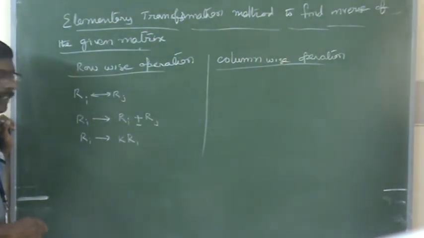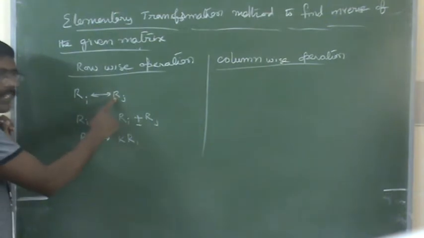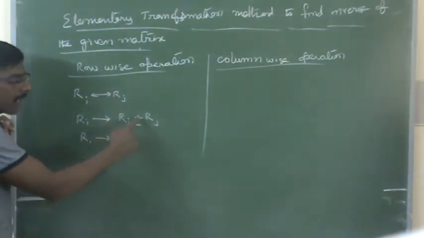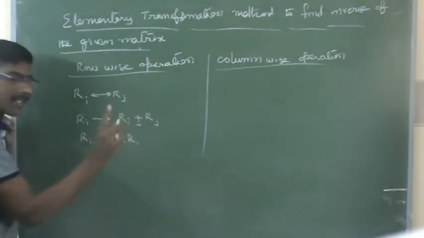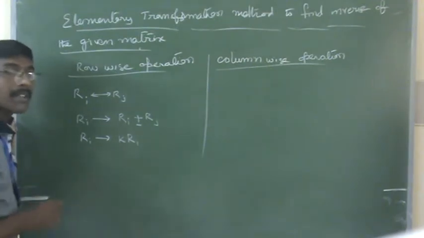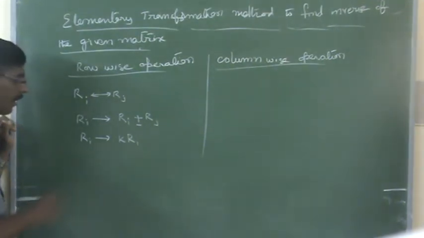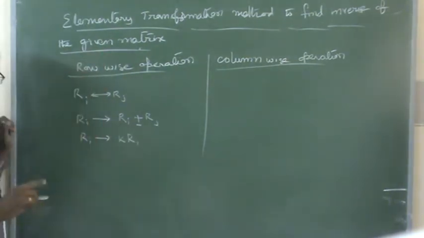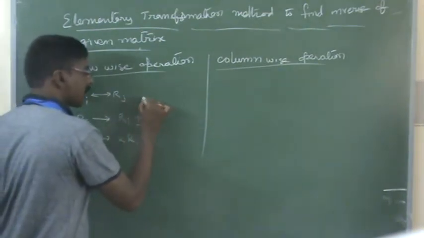Ri, Rj interchanges exists. Ri tends to Ri plus or minus Rj exists. Ri tends to some constant into Ri exists. These are the three conditions that exist for elementary transformation.